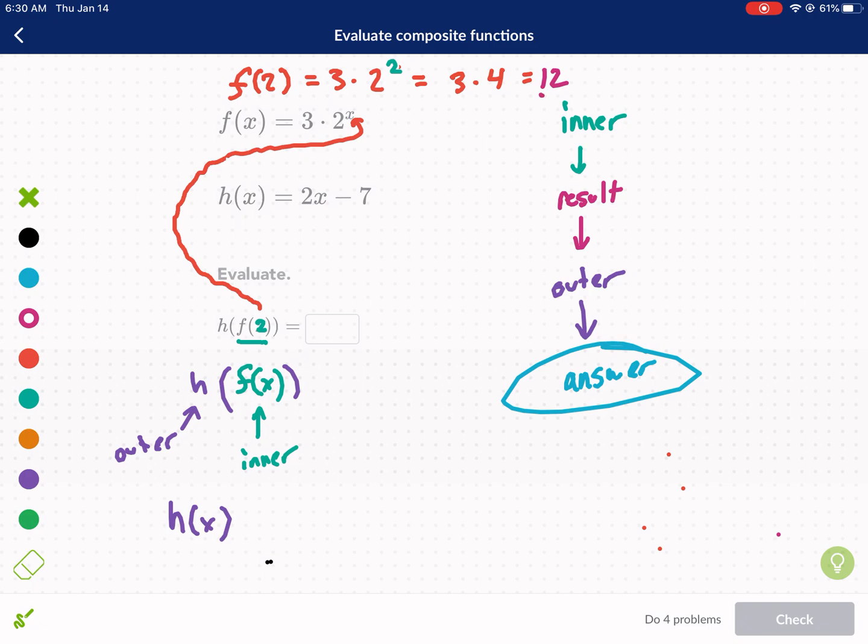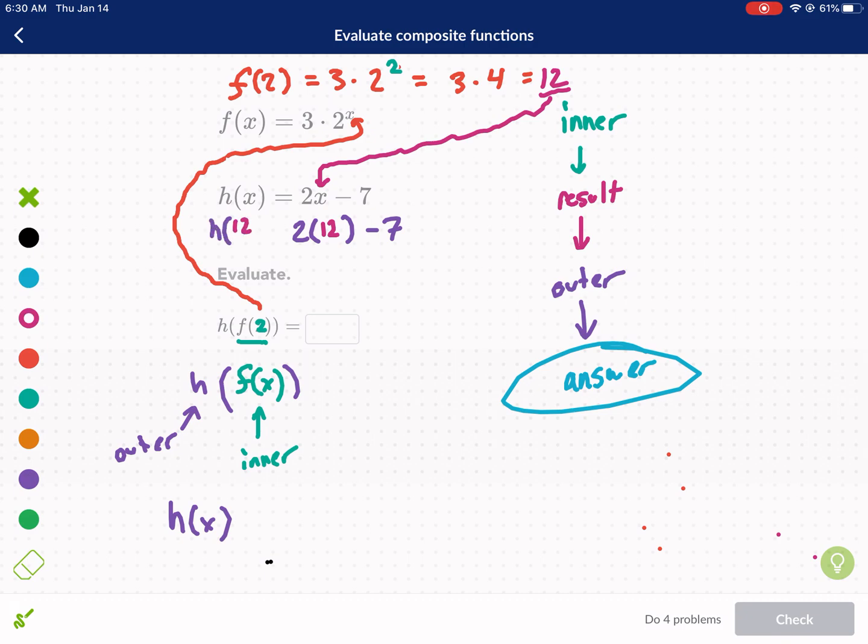Now I'm going to plug this into my outer function. My outer function's over here, so I'm going to plug this in right here. What happens? Well, I get 2 times my result from the inner function, because now I do my outer function. 2 times 12 minus 7 is going to be equal to h of 12.